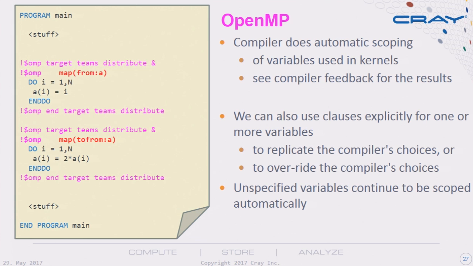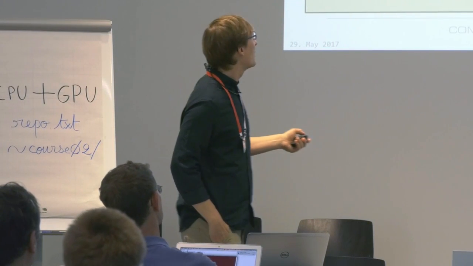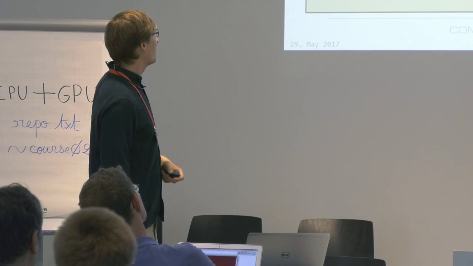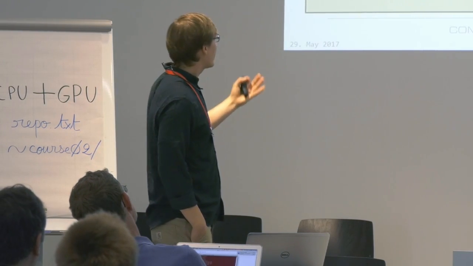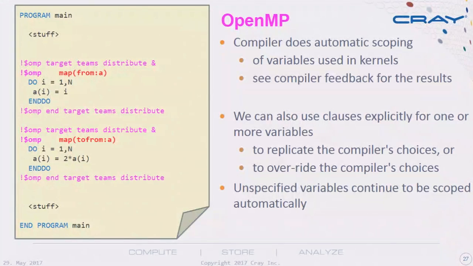We just want to copy the data out of the GPU at the end, and that's what we state with the map from clause here at the beginning. While in the second loop, we need our initialized data from the first loop within this kernel, and we also want the result of the computation back. So that's why we use the map tofrom clause, copying in and out.